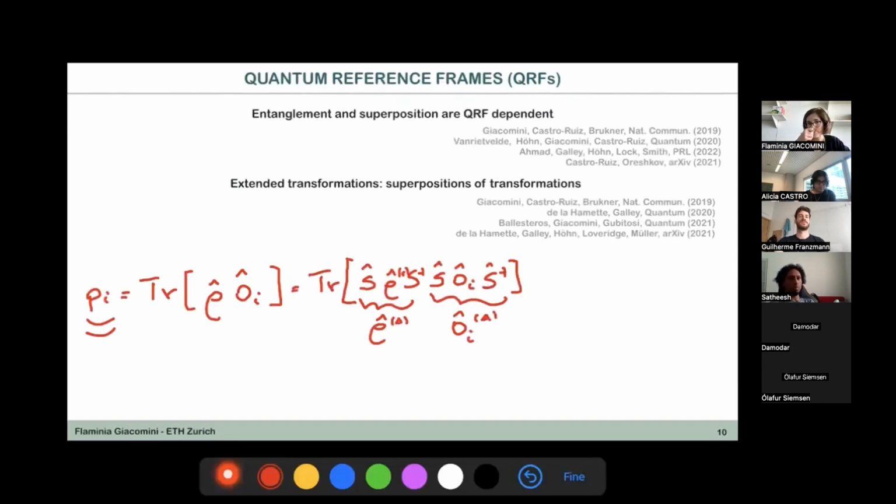So basically, once you change the reference frame, the entanglement and superposition properties are different, but in order to reveal them, you have to make another experiment, not the same one that you were doing in your original reference frame.